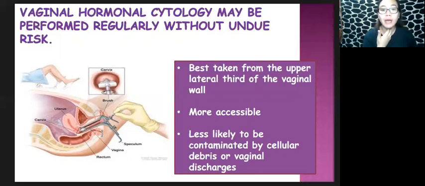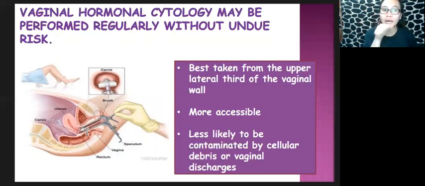The sample for your vaginal hormonal cytology is best taken from the upper lateral third of the vaginal wall, which is actually more accessible. And apart from that, it is less likely to be contaminated by cellular debris or vaginal discharges. The reason why is because it's far enough.